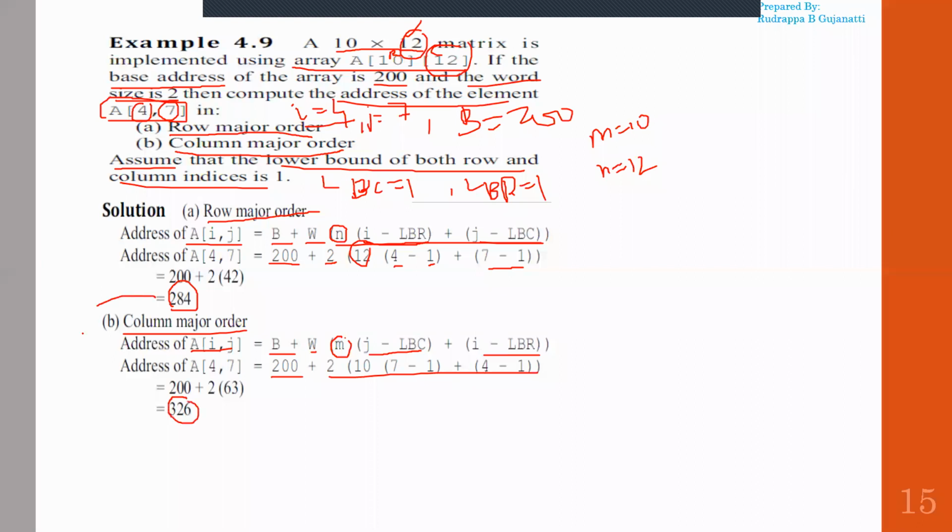So you can see the addresses are not the same, they are different. When you follow row major order and column major order, this pertains to how the elements are represented in the multidimensional array, that is, how they are stored in memory.